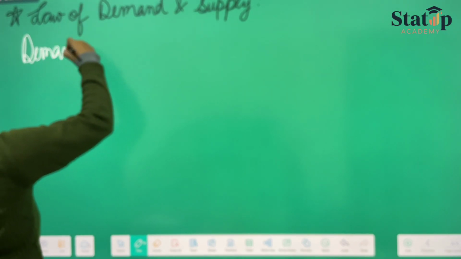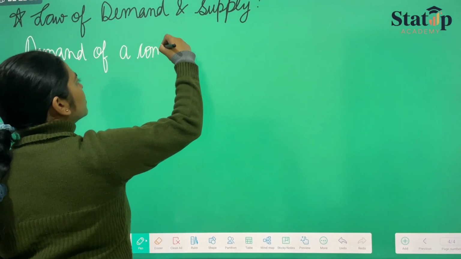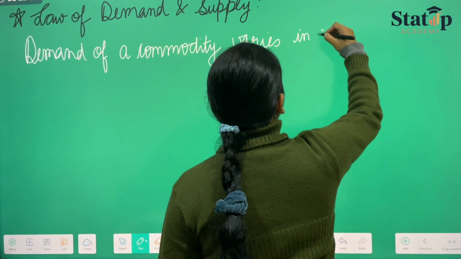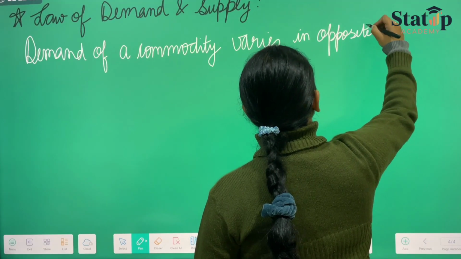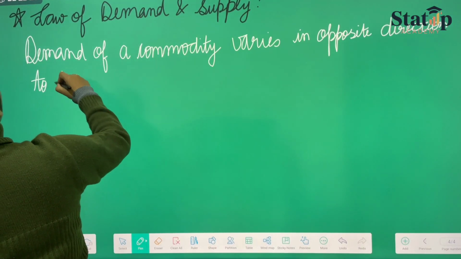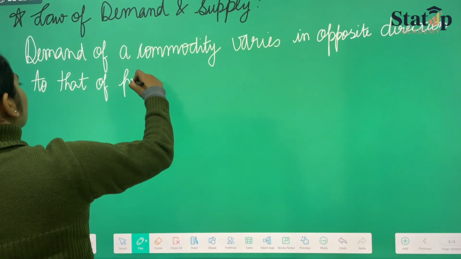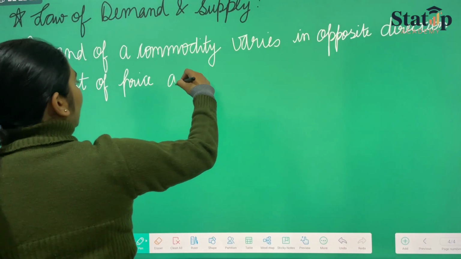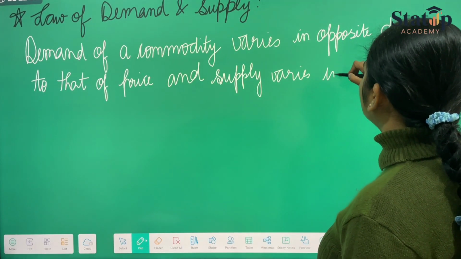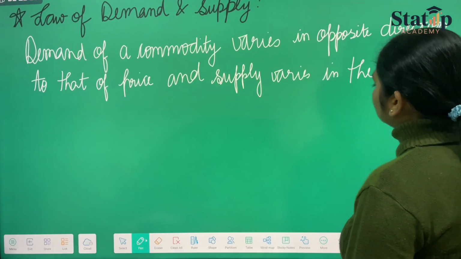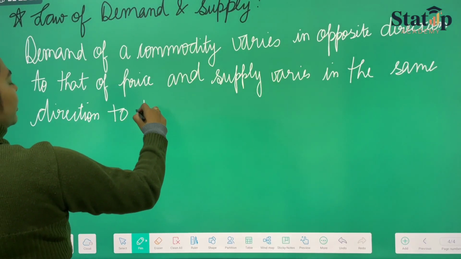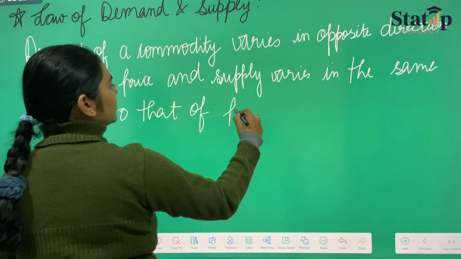Demand of a commodity varies in the opposite direction to that of price, and supply varies in the same direction as that of price.